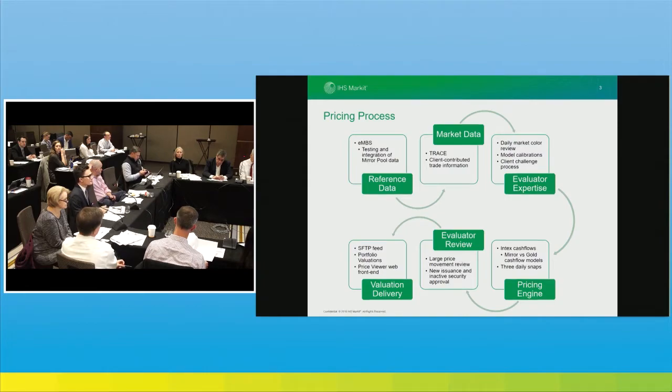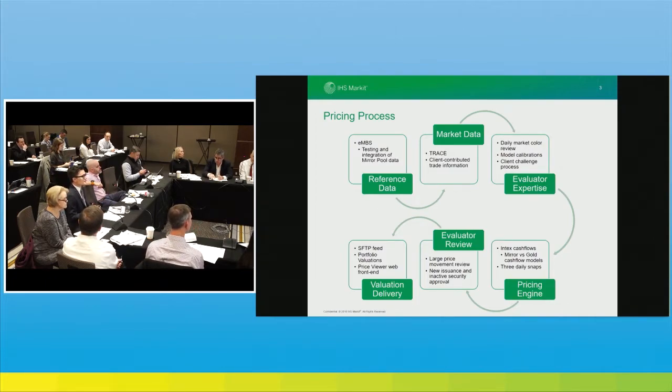That primarily consisted of comparing the mirror pool data to the parent gold data, and we're relaying our feedback directly to EMBS based on our observations. We then adjust our pricing at the cohort level based on TRACE information, client contributed trade data, and so forth, with our evaluator expertise and input into making those final adjustments.